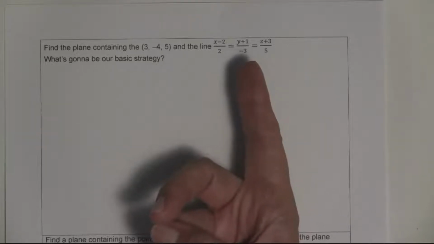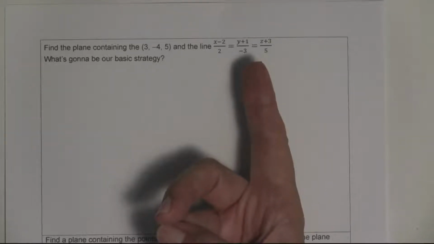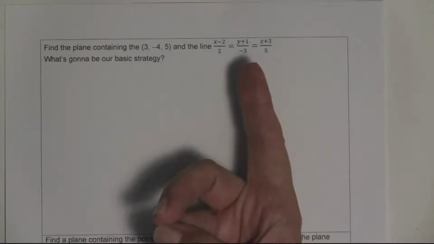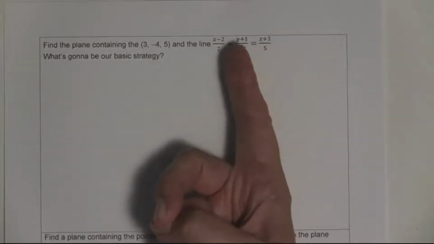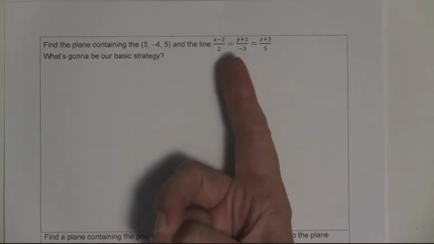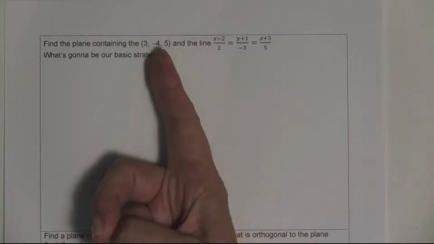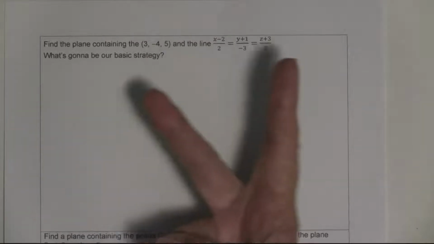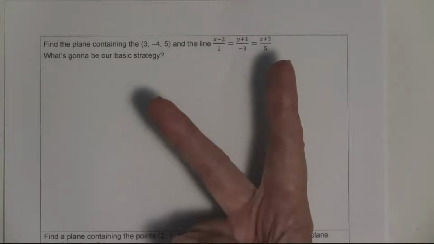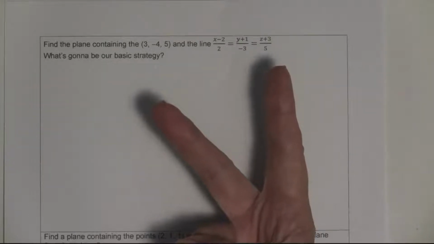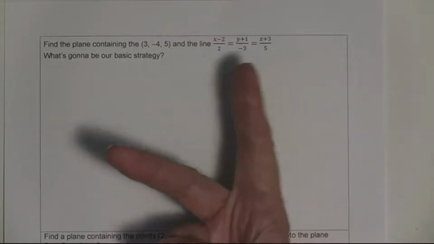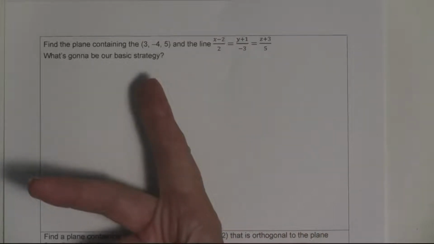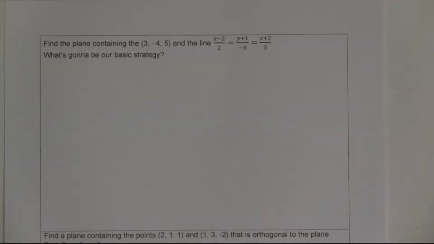It has a direction vector, so that would be a vector in the plane, and then I could find a point that's on this line, and I could create a vector with this other point here, and then I would have 2 vectors that are not parallel to one another. I'd have the direction vector and this other vector that goes from a point on the line to this point, right? And so that's kind of my strategy.